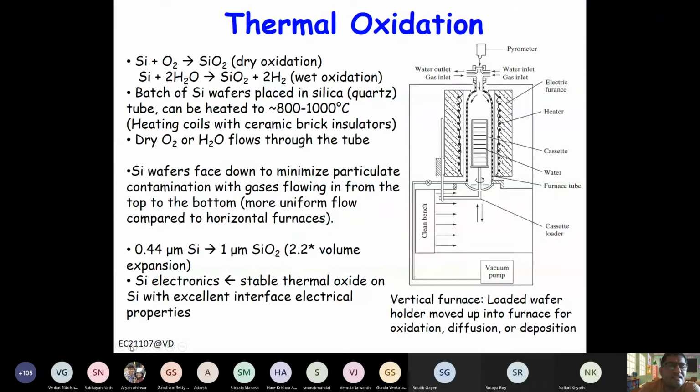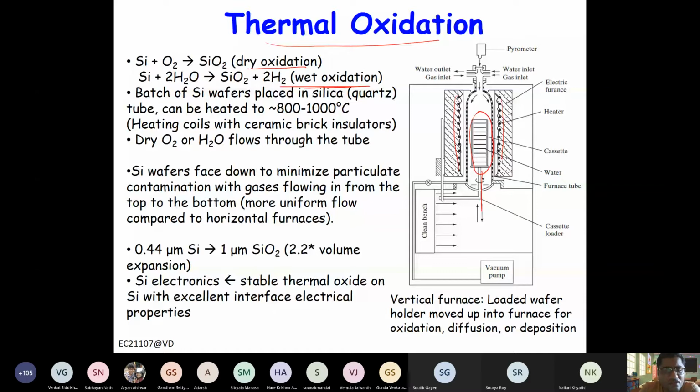One process is basically thermal oxidation, right? If you look at this chamber, this is the holder which is holding the wafers. Then this is the furnace, and this is the heating coil surrounding it. Now this thermal oxidation is of 2 types. You can use dry oxidation or wet oxidation.